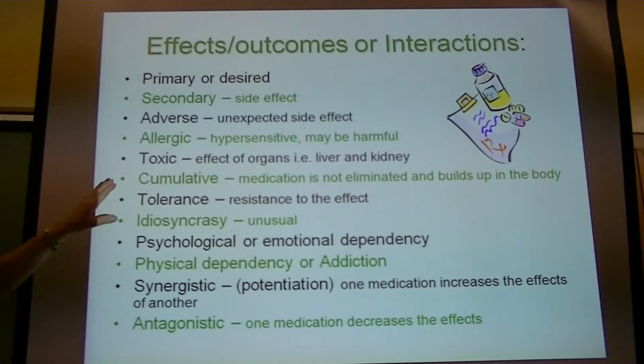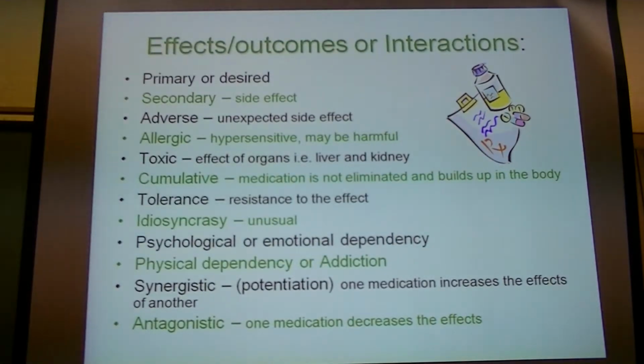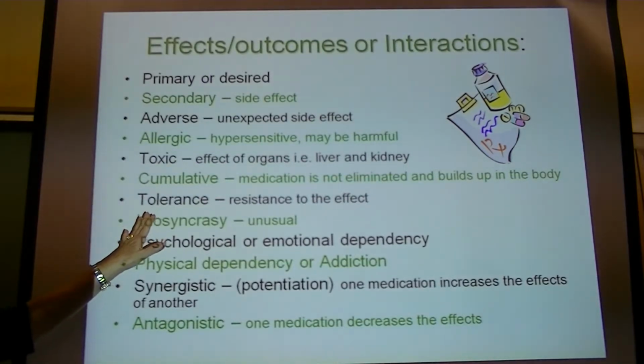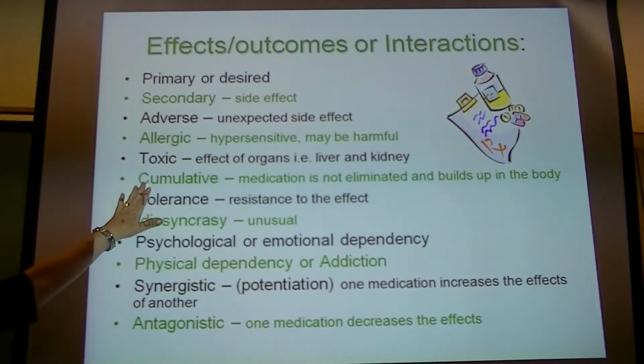Now, because we're not all the same, someone may start taking a drug that we're not really worried about toxicity, but if they have a change in their behavior that's not normal for them, because you know them, it seems strange, we need to find out what we have to do about it. And it may be that they're going to need to have blood work, and we know they're going to see the physician if they're having a change in behavior like that. And this could be the problem.